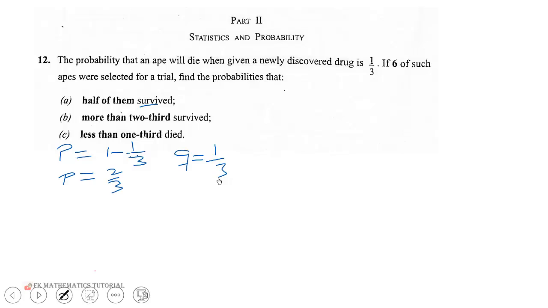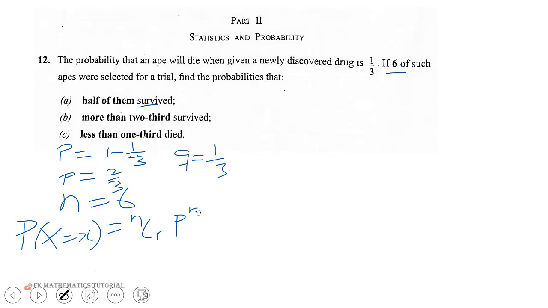So we recall the formula for binomial probability. In this case, n is equal to 6. Probability of big X equal to small x is given by n combination r, p exponent r, then we have q exponent n minus r. So we are finding the probability of X equal to half of 6, which is 3.